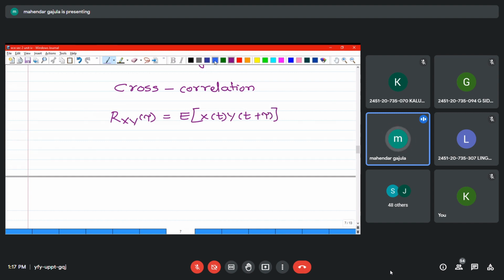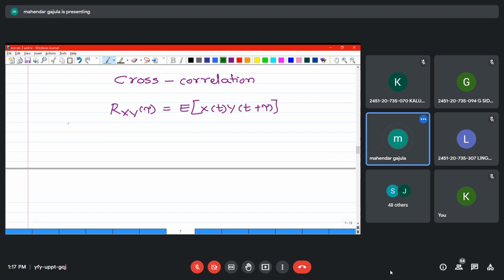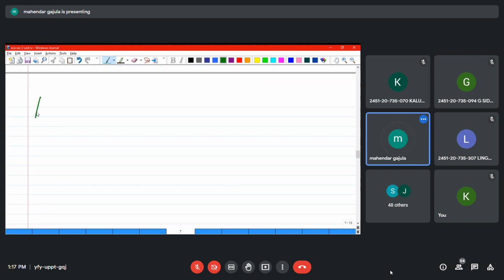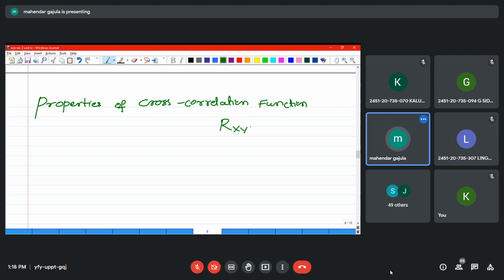Now in this we are going to discuss the properties of the cross correlation function. R is correlation, xy represents cross.